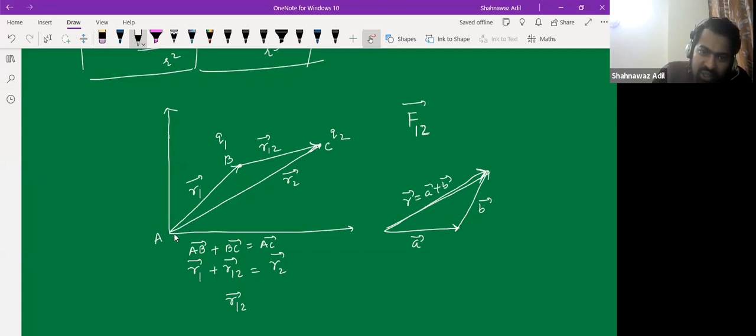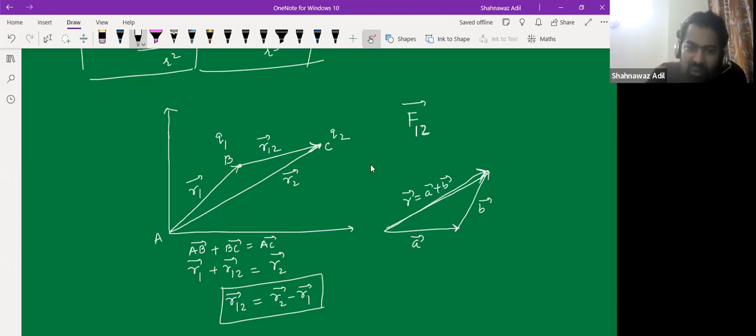CA is different. I'm writing AC. So R12 would be how much? This would be R2 minus R1.